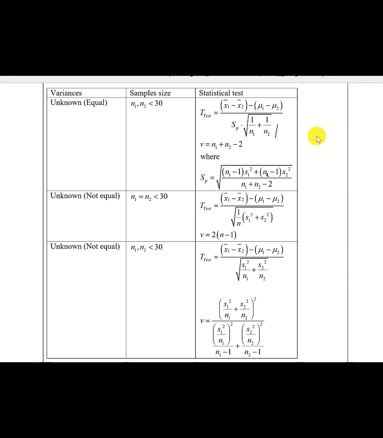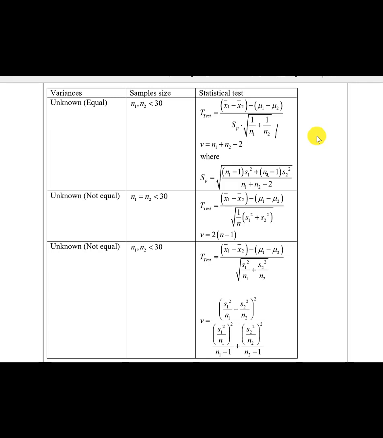If the question claims that type 1 is lower than type 2, that means your mu1 is less than mu2. Or type 1 is greater than type 2, that means mu1 is greater than mu2.